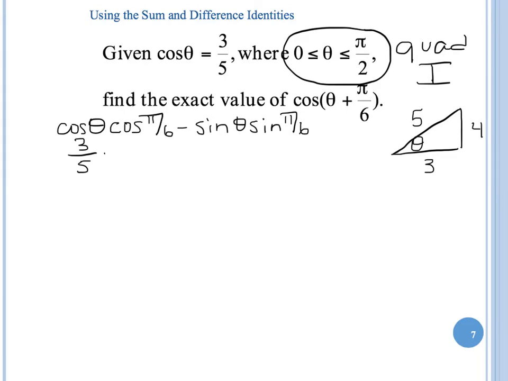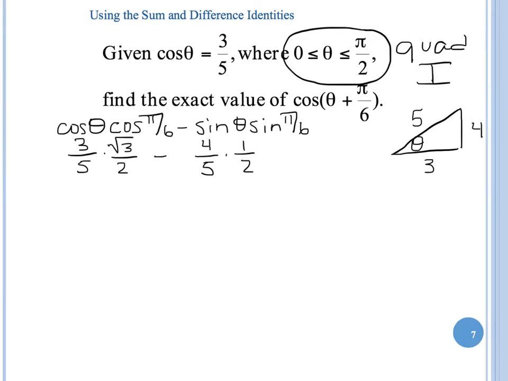And let's see, at pi over 6. Now sine of theta, I have to go look at my triangle. And sine of pi over 6.